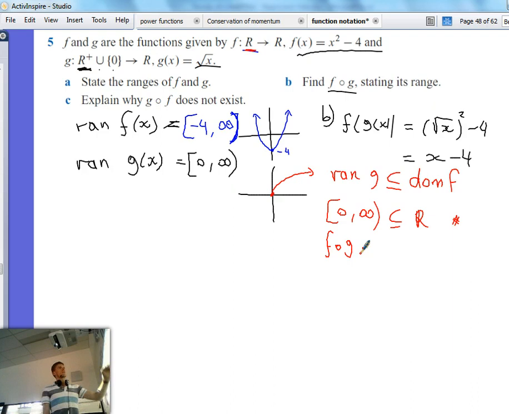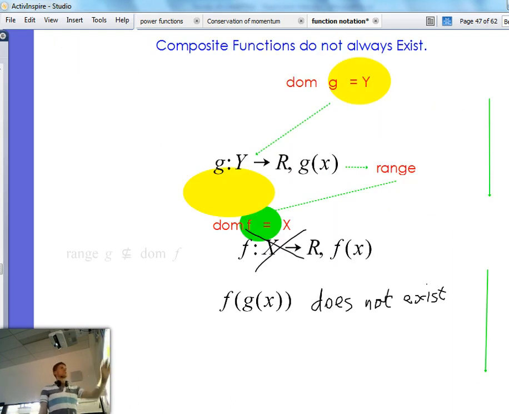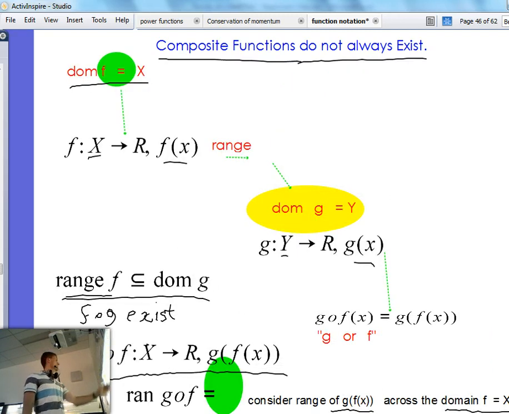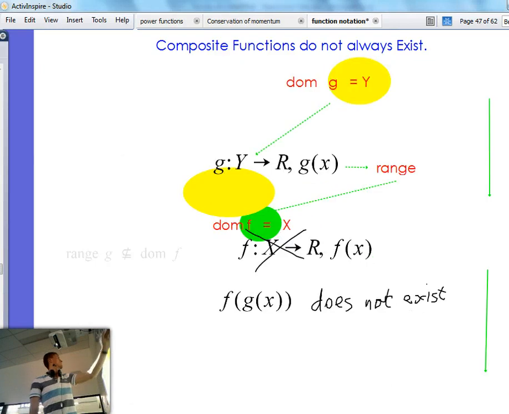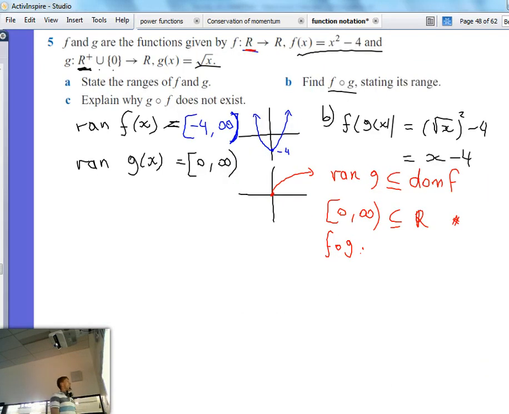Now, when we are defining a composite function in full, what do we use for its original domain? The original domain of a composite function is the original domain of the inside function. Our inside function is g of x, so the domain of g of x becomes the domain of f of g.